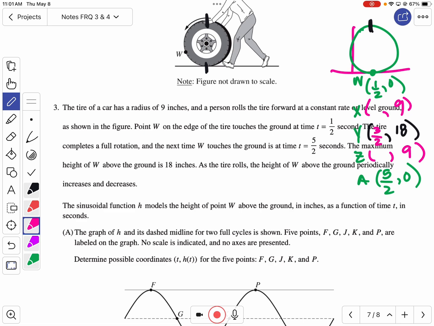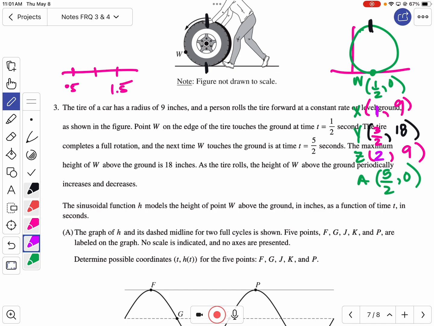Sometimes I just like to think about my number line. I've got 0.5, 1, and 1.5. What would be halfway between 0.5 and 1.5? 1. And halfway between 1.5 and 2.5? 2. So there are my points.